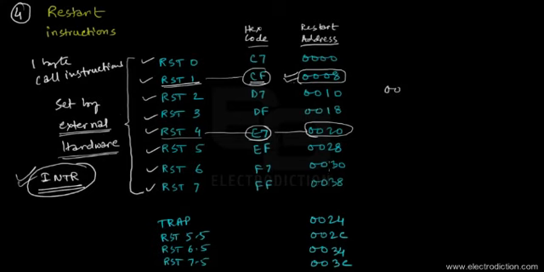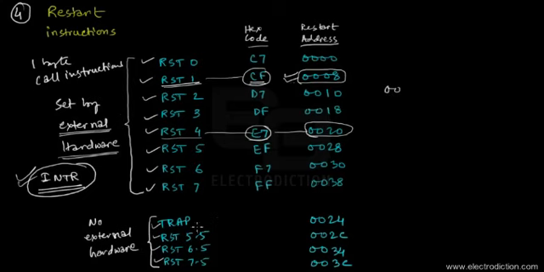The detailed description of this kind of interrupt based system is given in the interrupt tutorial, so kindly check that out for further details. Apart from that, we have other interrupt instructions where we don't need any external hardware, yet they result in restart functions. For interrupts received through the pins TRAP, RST 5.5, 6.5 and 7.5, we don't need external hardware to set the restart addresses.